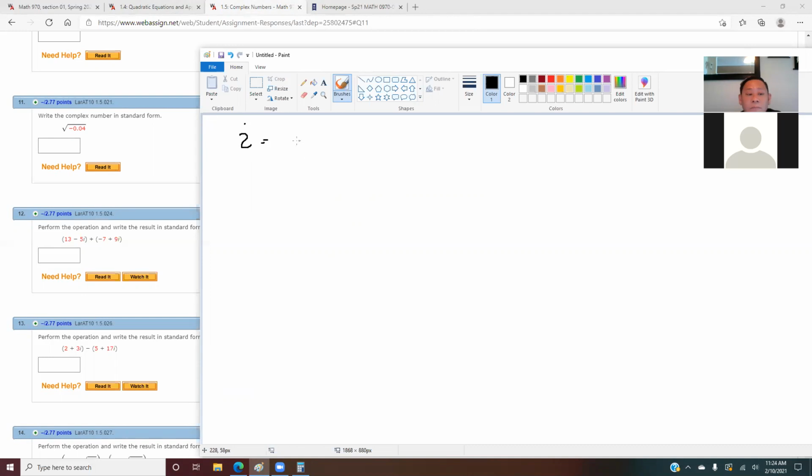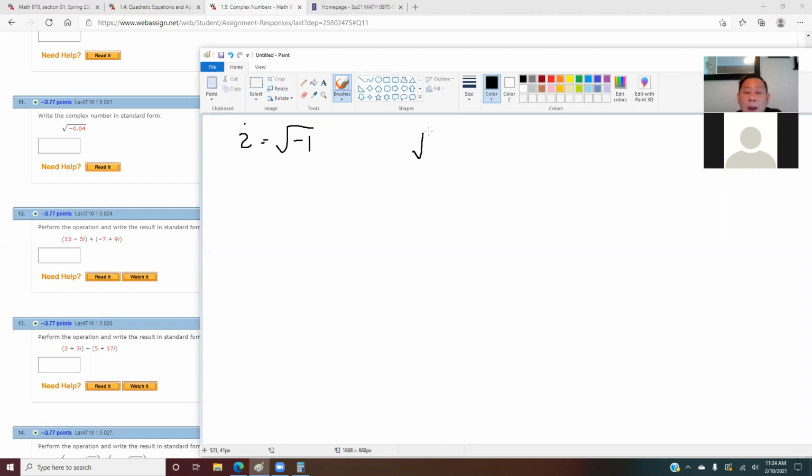It only represents one thing: the square root of -1. So that is what a complex number is. If you have a square root and it is of a negative number, that square root of that negative number is a complex number.